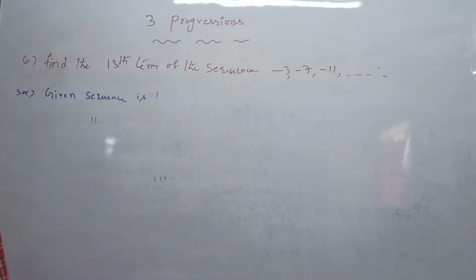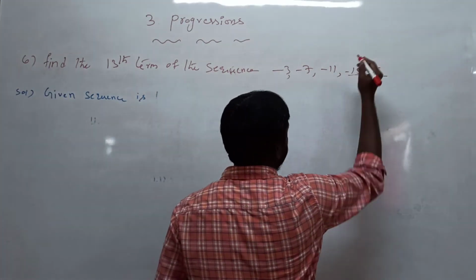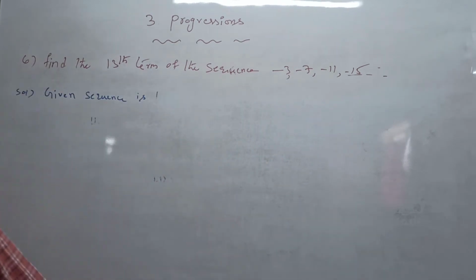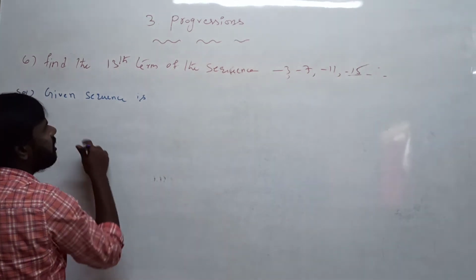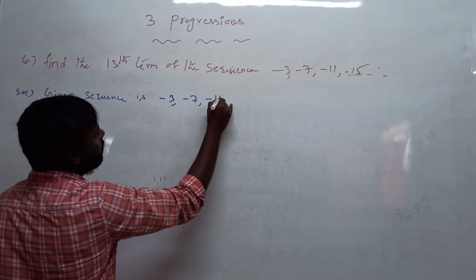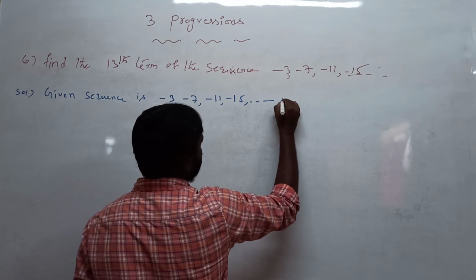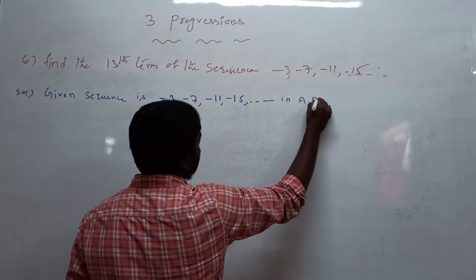Minus 3, minus 7, minus 11, one more term you can write, minus 15 also, and so on. So they are asking, find the 13th term. What is the given sequence here? The given sequence is minus 3, minus 7, minus 11, minus 15. This sequence is also in arithmetic progression.